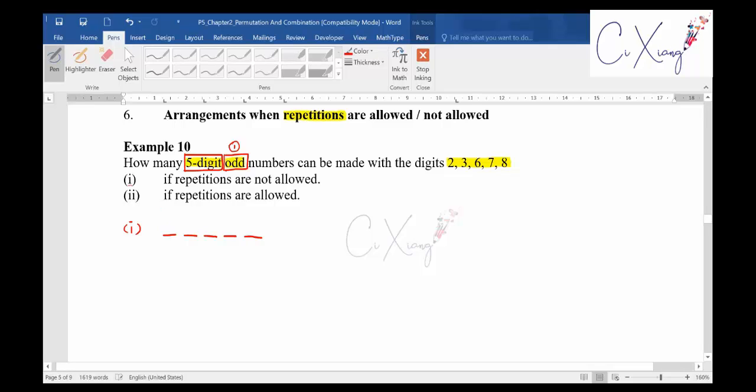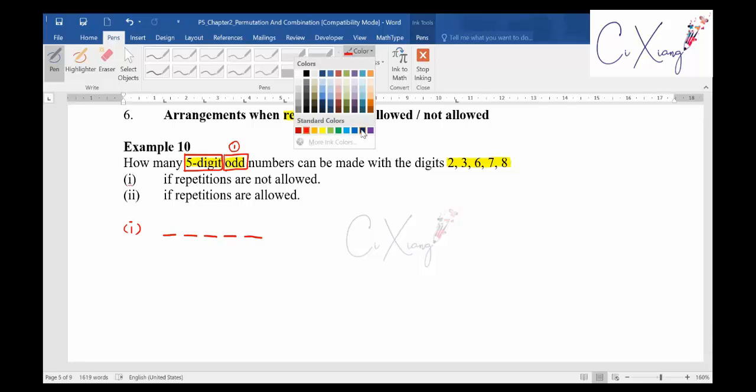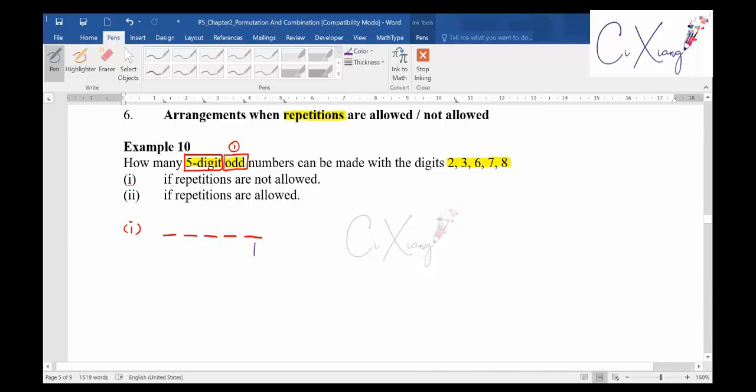So how can I make it an odd number? If you want an odd number, that means only certain numbers can be placed in the last digit. Can you place the 2 at the last digit to get an odd number? Cannot, correct? You can put only an odd value. So what are the odd values from the digits given here?